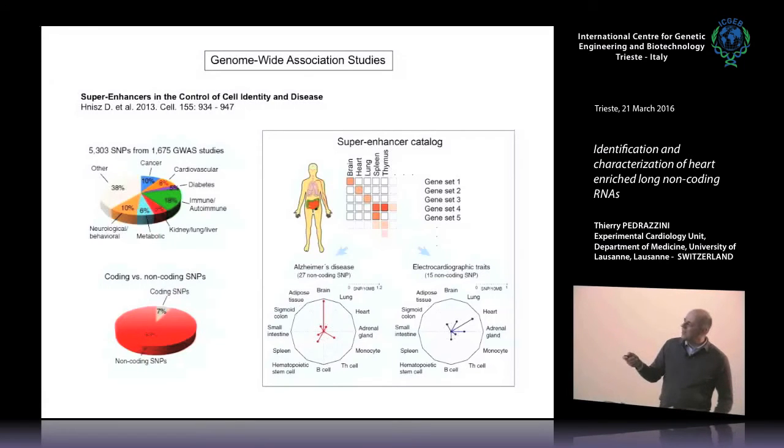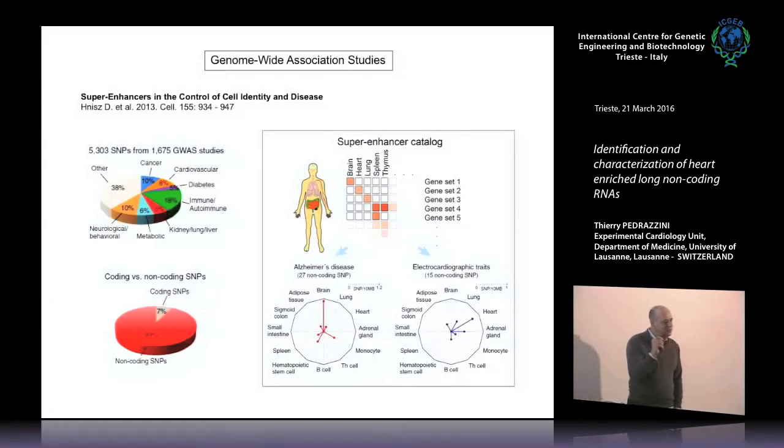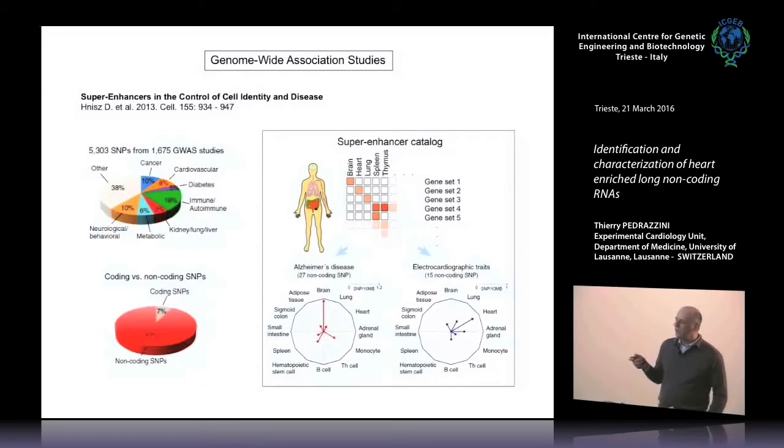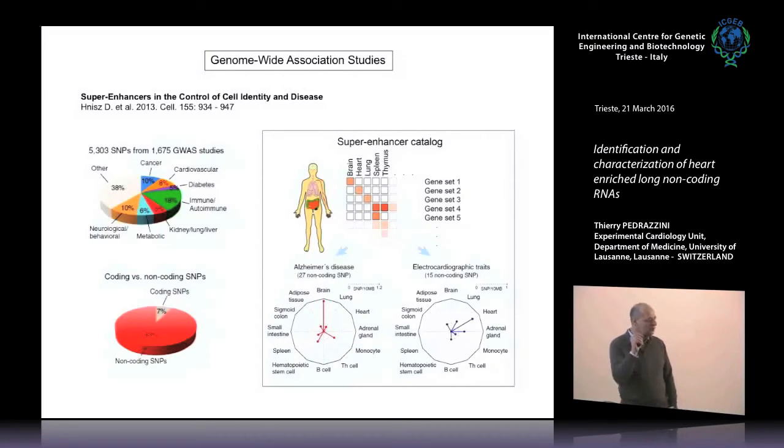So if you consider, let's say, Alzheimer's disease, they are more likely to be associated to a super enhancer that is active in the brain. If you consider, for instance, electrocardiographic traits, the SNPs that are associated with these traits are more likely to be located in super enhancers that are active only in the heart.